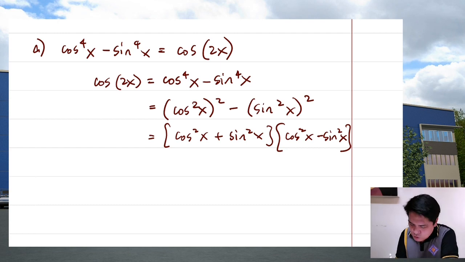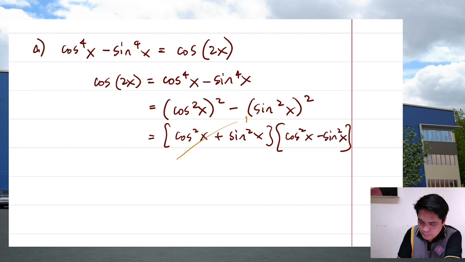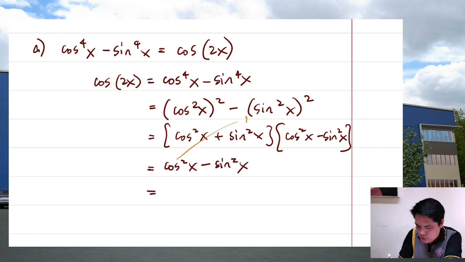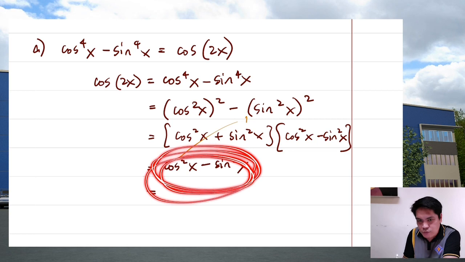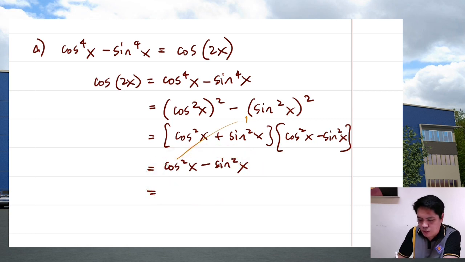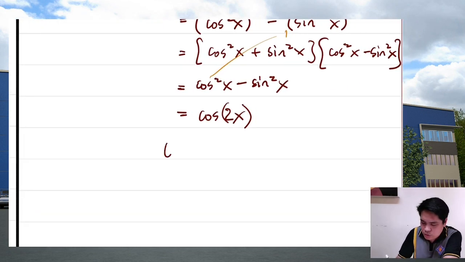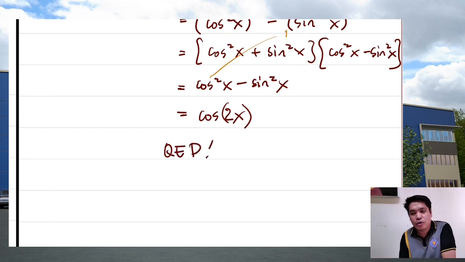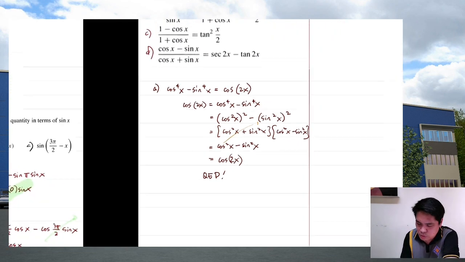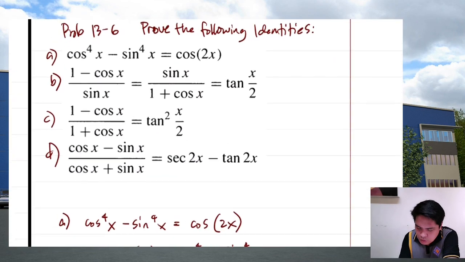Okay? And if you recall again, by Pythagorean identity, this is just equal to 1. So that is equal to cosine squared x minus sine squared x. And again, by identities, this is just the identity for double angle, right? And that is equal to cosine 2x. So we have proven that they are equal. So Q.E.D., quite easily done. Or quod erat demonstrandum.